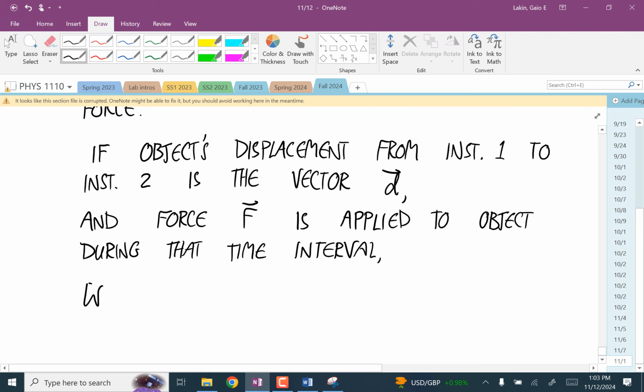Then the work done by that force is equal to the x component of the force times the x component of the displacement plus the y component of the force times the y component of the displacement.